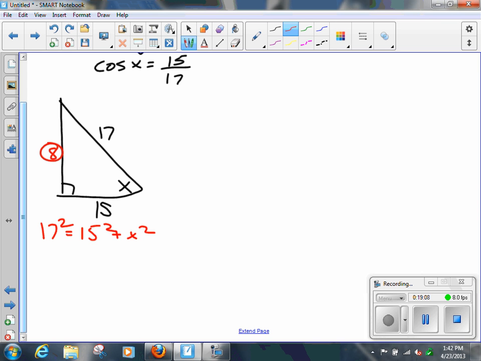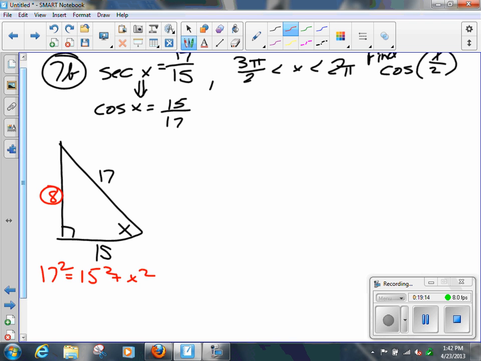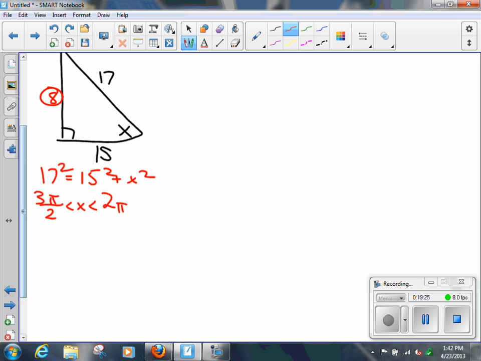Okay? We got 8. Now, what do we have to find? What quadrant is this in? If it's in 3 pi over 2 less than x less than 2 pi, what quadrant is this triangle for angle x in?